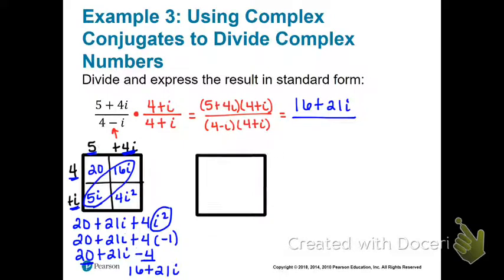So it's a 2 by 2. I have 4 minus i on one side and 4 plus i on the other side.